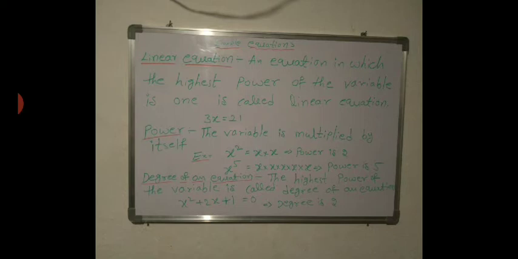What is meant by power? The power is nothing but the variable multiplied by itself a number of times. Example, x squared equals x multiplied by x 2 times, x into x.